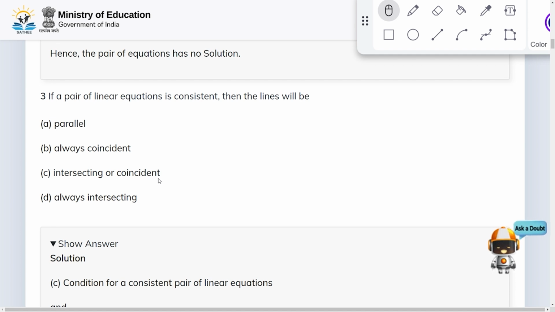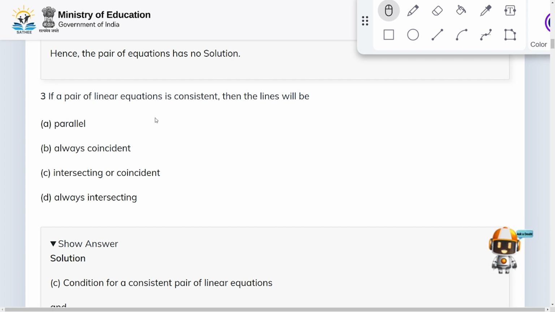That means when the lines are intersecting, in that case the solution of the pair of linear equations is unique. Okay, and if the lines are coincident, in that case the pair of linear equations has infinitely many solutions.